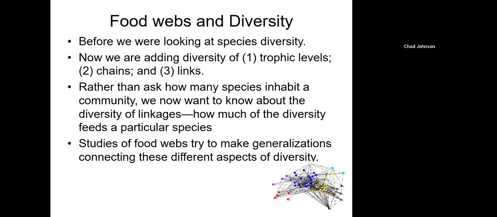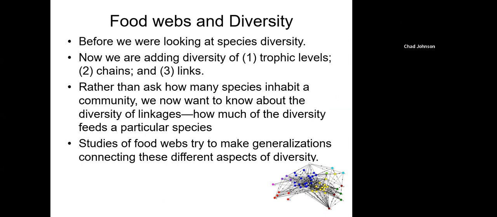We've added all the trophic levels. We're looking at all the chains, all the links. We'd like to know how the diversity affects species interactions, or how the species interactions affect the diversity. But what we end up doing is having to really, really generalize. So that's why we started with species interactions, which were naively simplistic, but almost understandable.